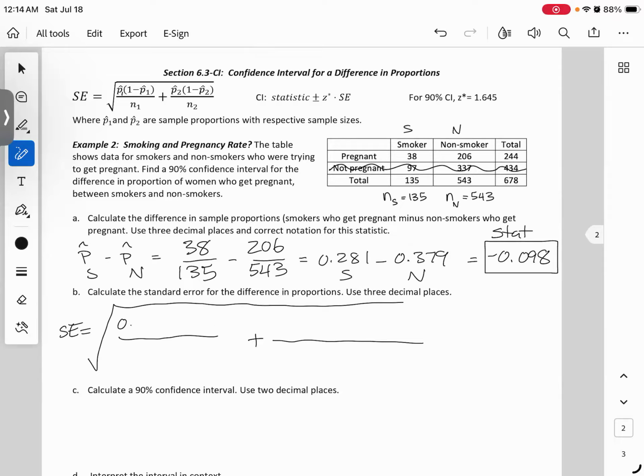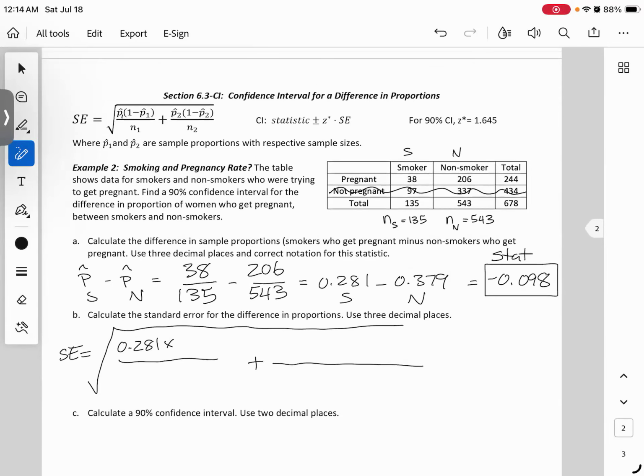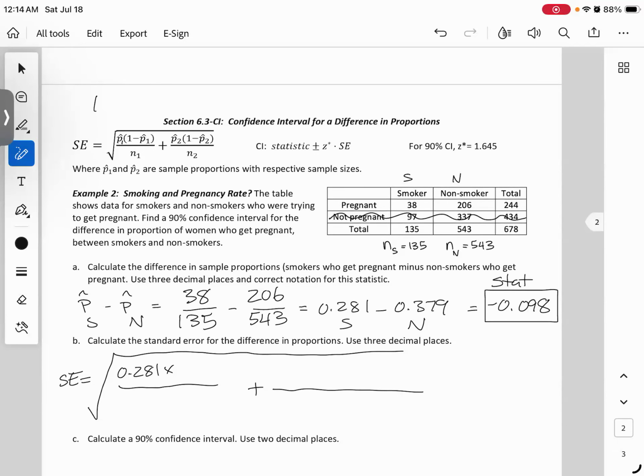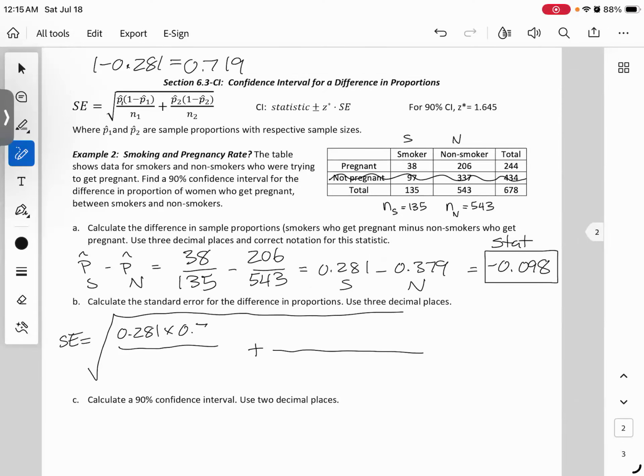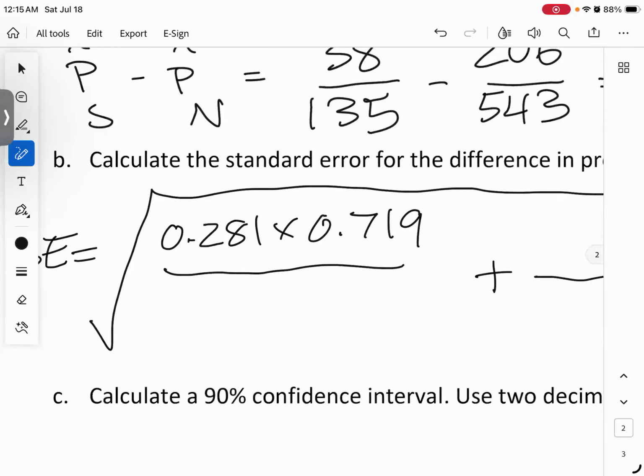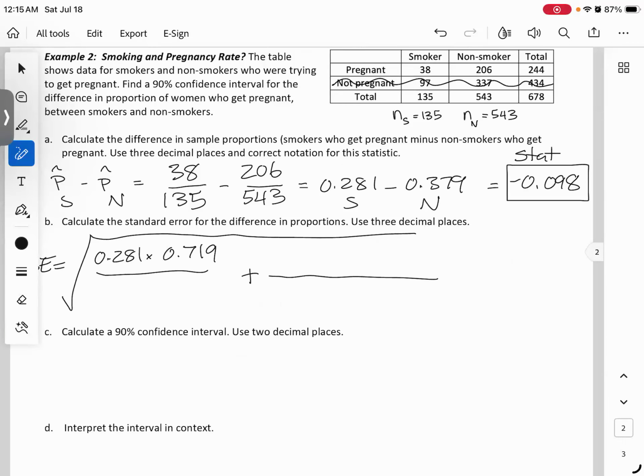So you've got 0.281, and now we need the complement, which let me just do way up here at the top. 1 minus 0.281 is 0.719. Here, let me make sure my little multiplication looks like a multiplication. And then their sample size was the 135.